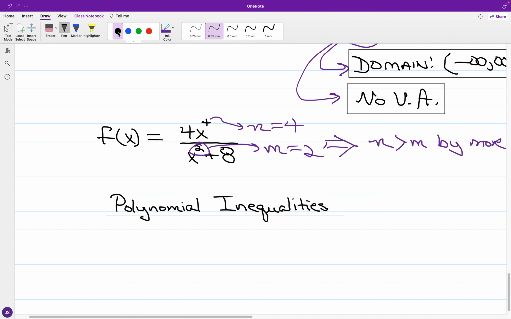And this will get us started. Now let's say that you have an equation along with inequalities.